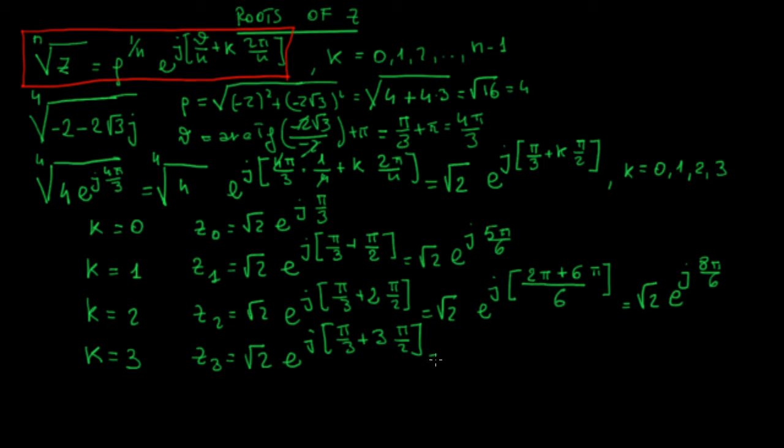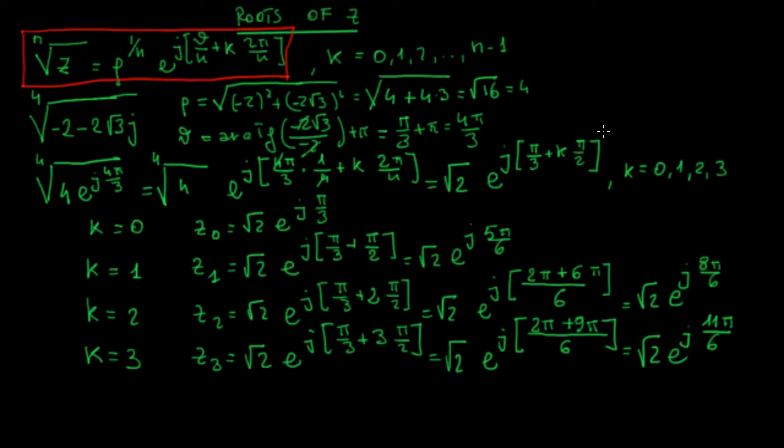Of course, the denominator is always 6, so we get 2 pi plus 3 times 3, which is 9 pi. So I got exactly e raised to j 11 pi over 6.